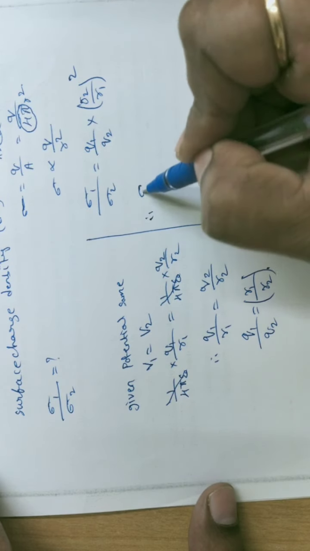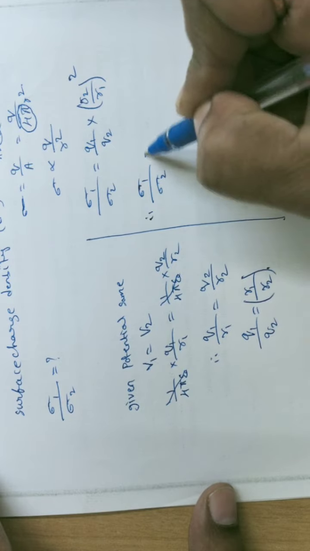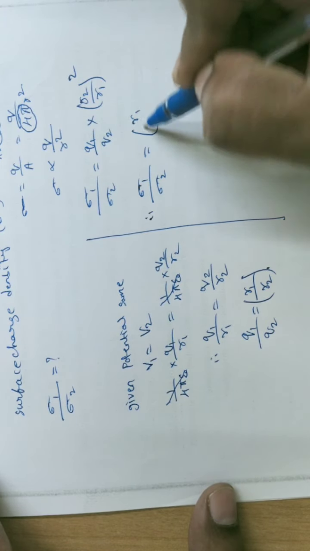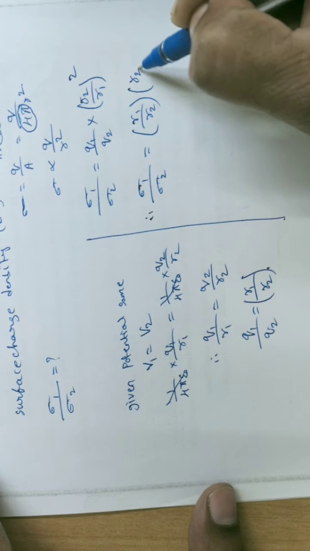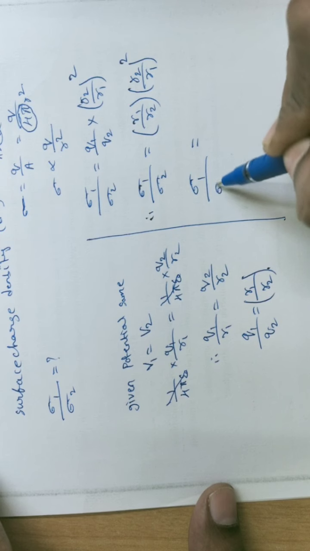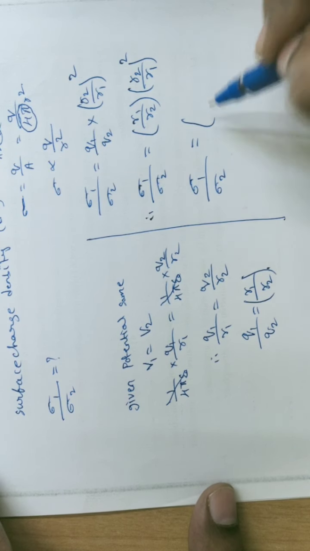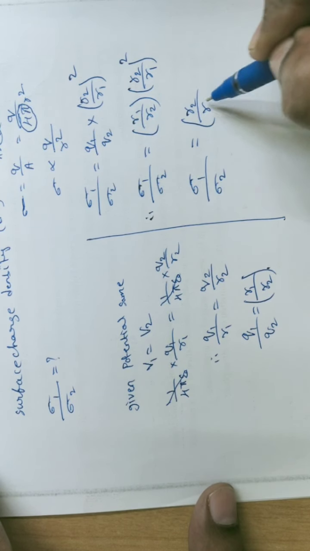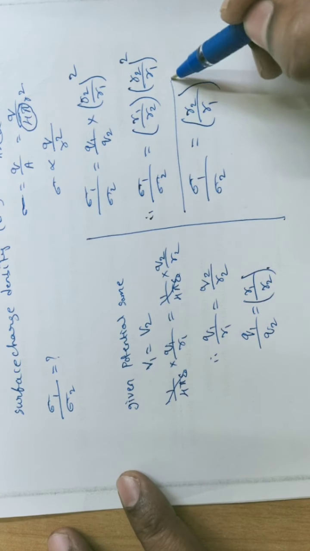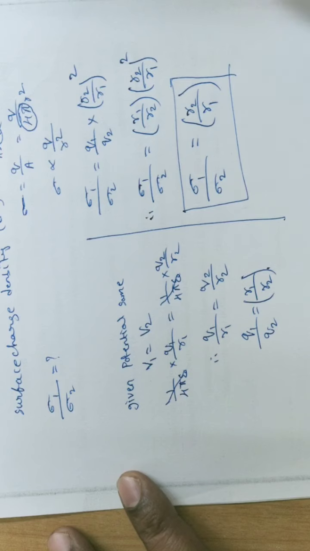Therefore sigma 1 divided by sigma 2 is equal to, instead of q1 by q2, I am writing r1 divided by r2 into r2 by r1 whole square. Finally we get the result as r2 divided by r1. This is the final answer for the given question.